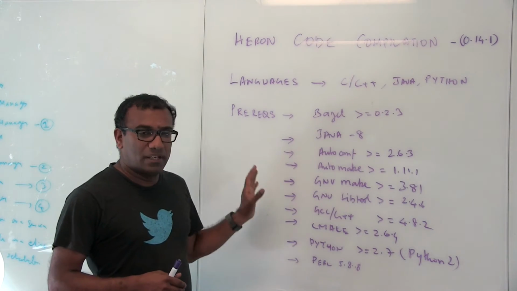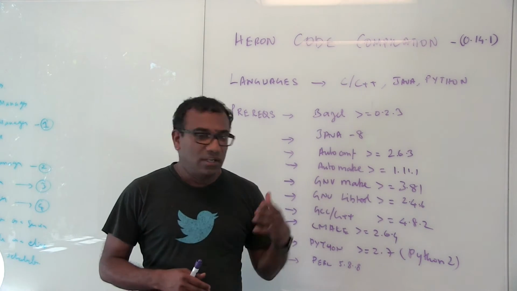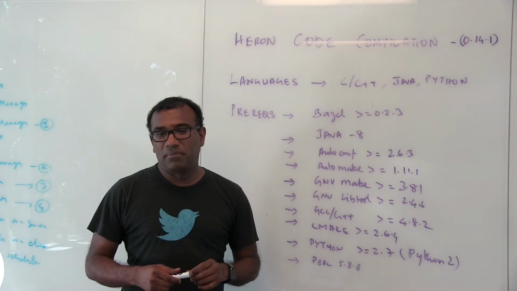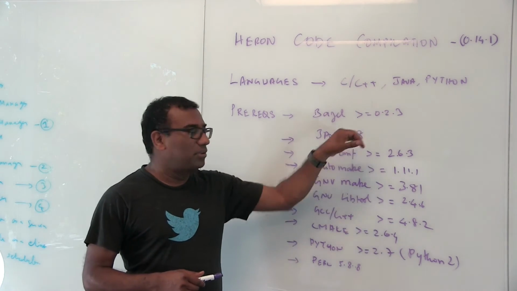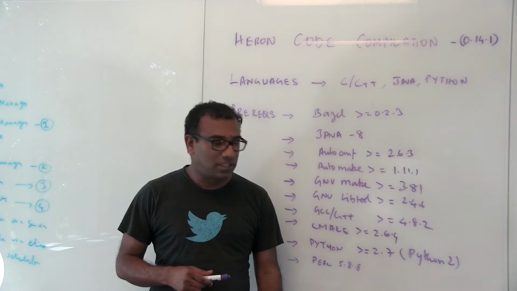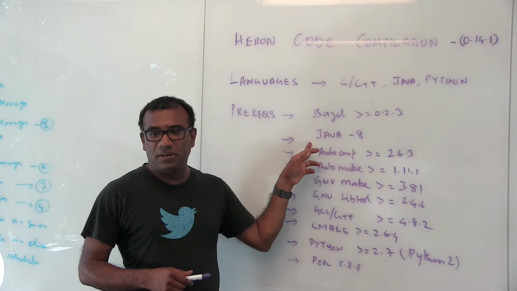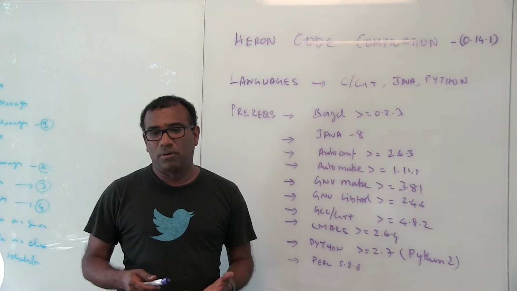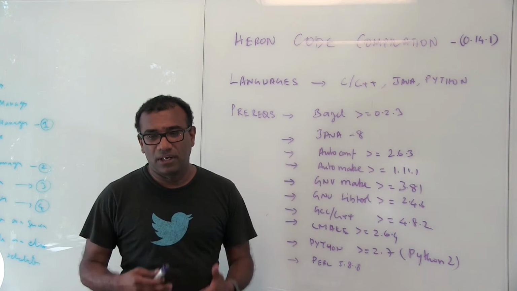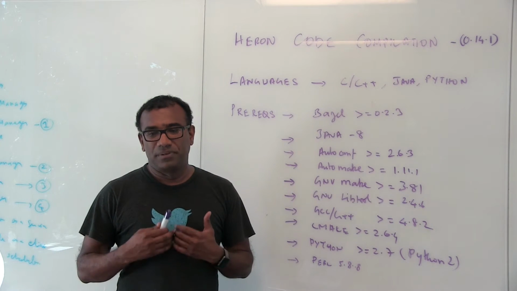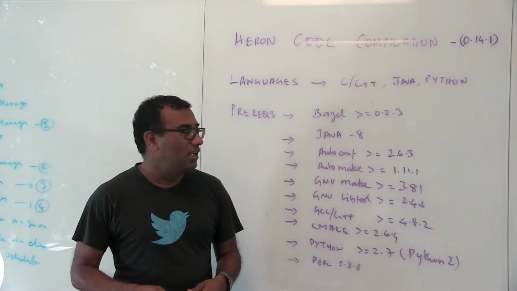In order to compile the entire Heron code base, you need the following requirements. We use Google Bazel as the primary build tool, for which you need a version greater than 0.2.3. For development, we use Java 8, but people using Heron can write their topologies and streaming applications using Java 7.